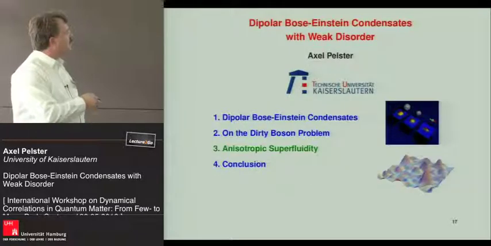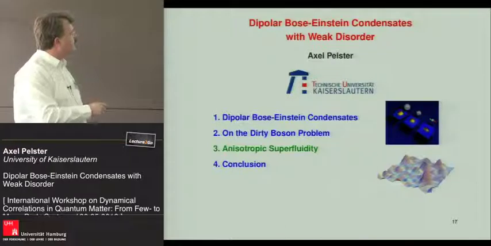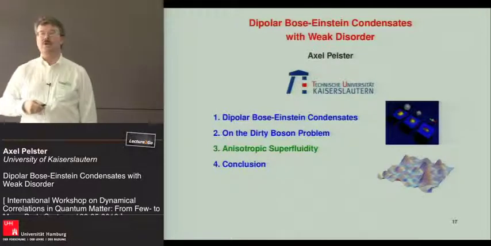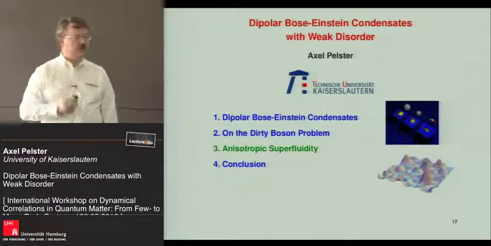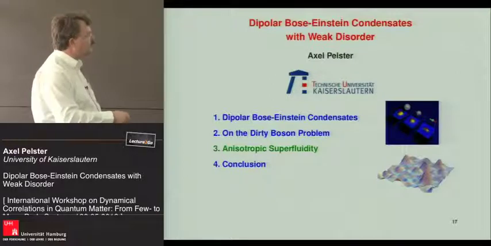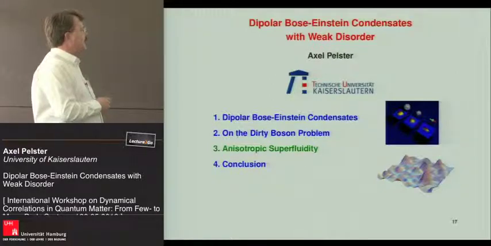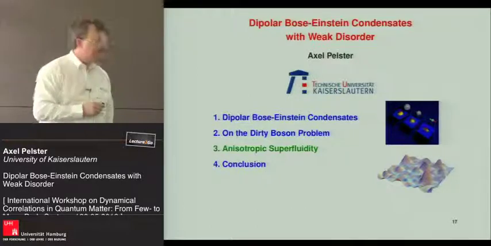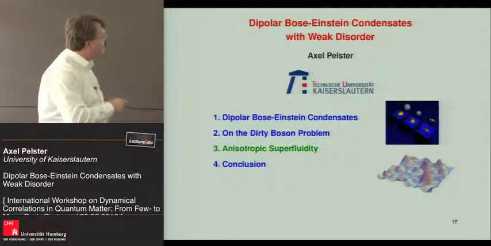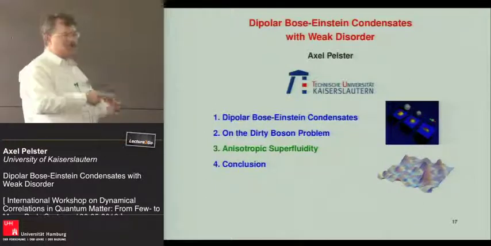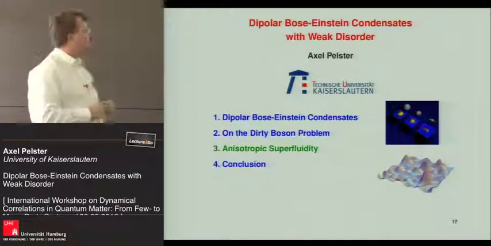And now I would like to bring both topics together. So I would like to ask the question, what might happen if we bring a dipolar BEC in such a random landscape? Now, the idea basically is first the following. If we just consider a dipolar BEC at zero temperature, Bogoliubov says everything is superfluid.